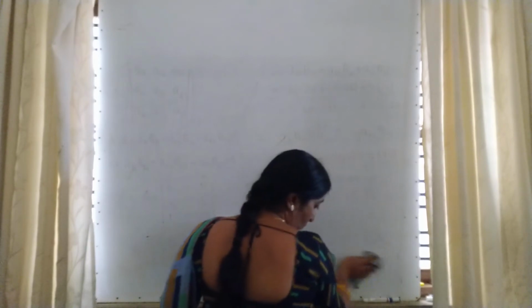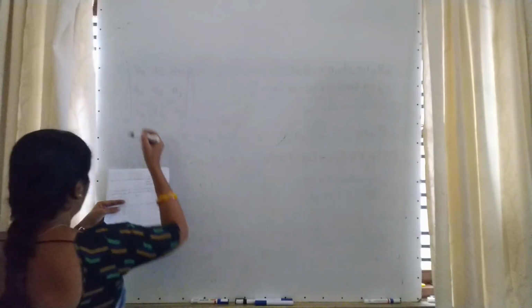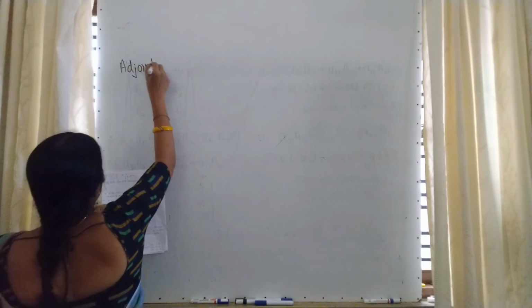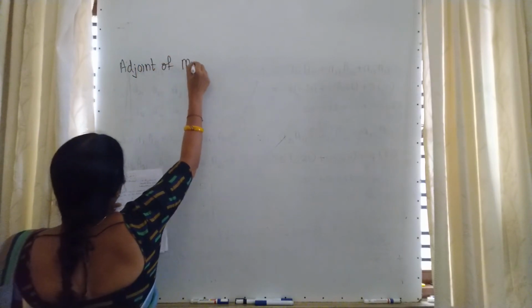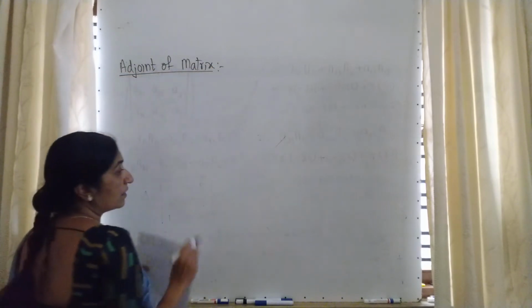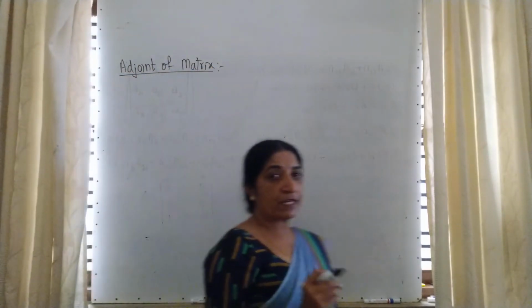Moving to the next important concept, that is the adjoint of a matrix. Before the definition, I will explain.